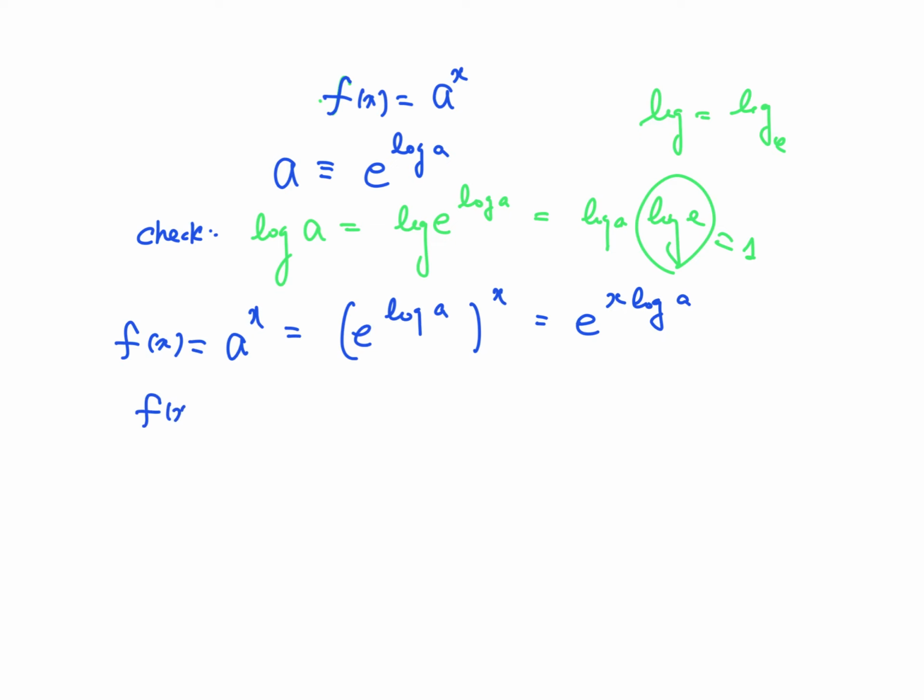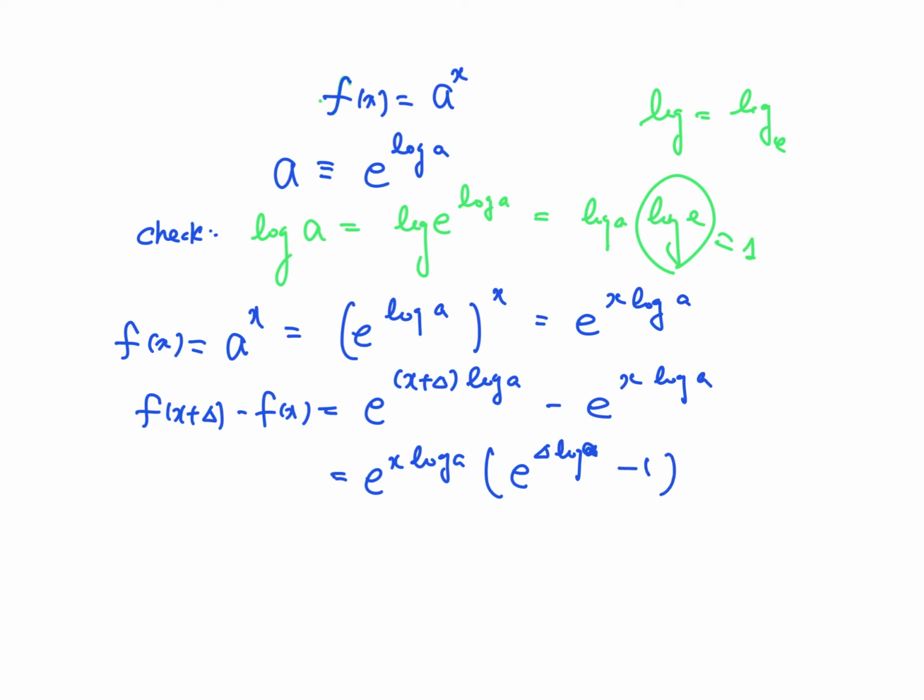So f(x plus delta) minus f(x) is exponential (x plus delta) log a minus exponential x log a. So we can factor out the common factor x log a. We can say exponential x log a times exponential delta log a minus 1.